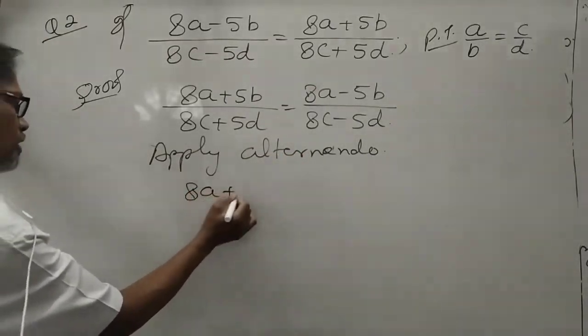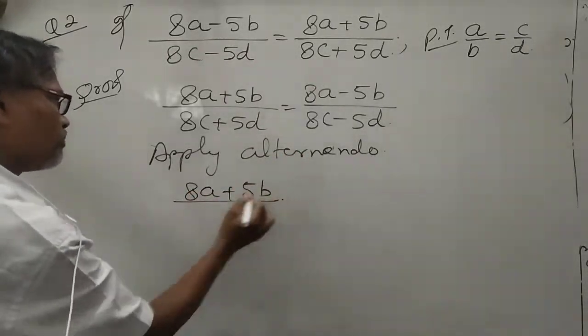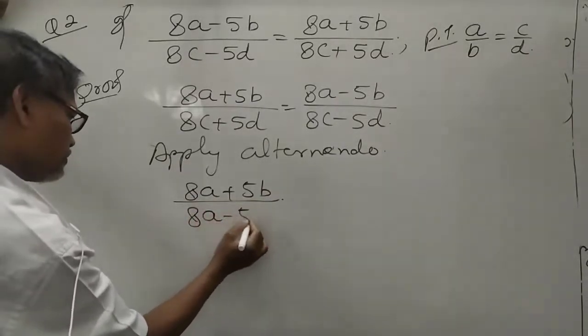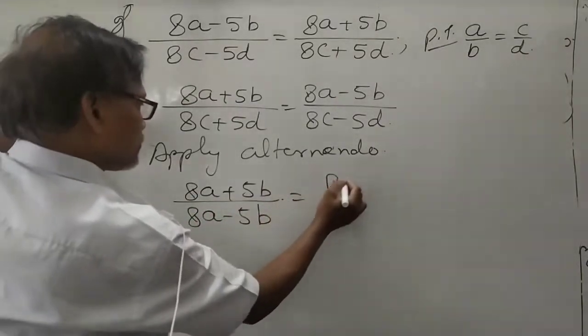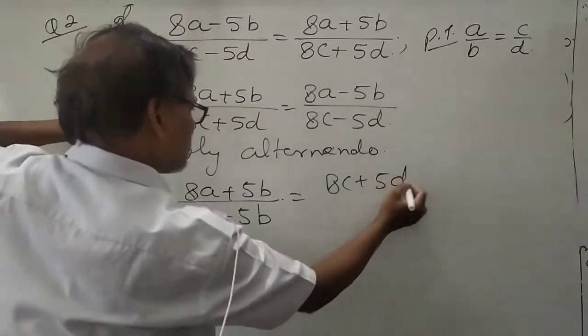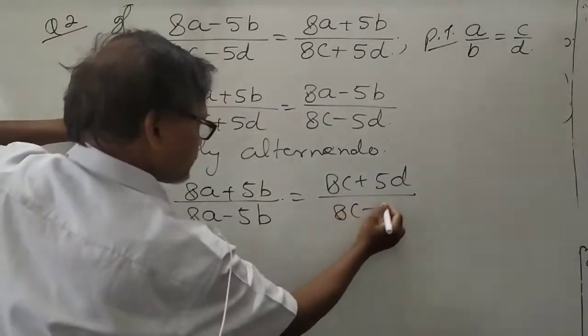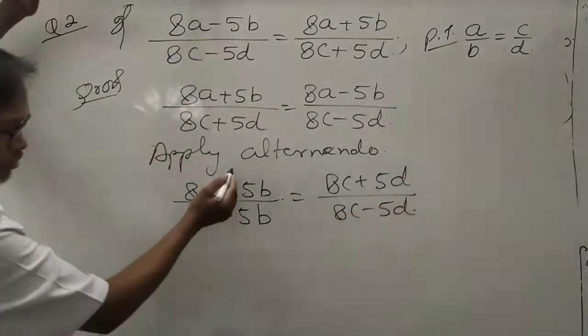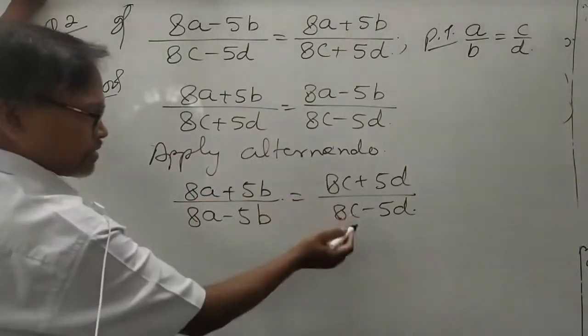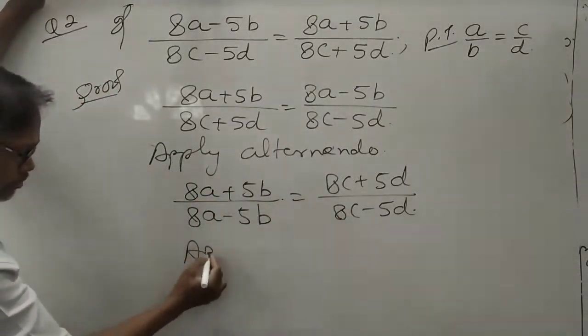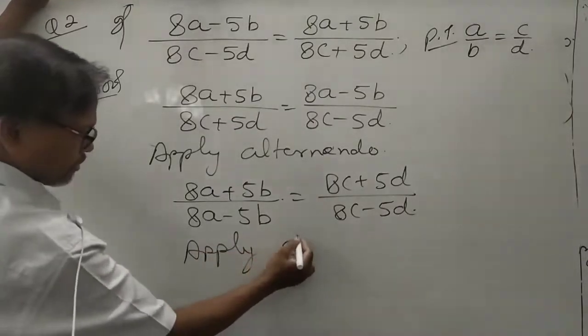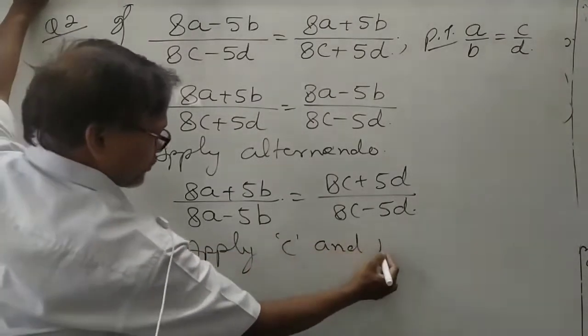So 8a plus 5b, and now you have the same type of terms in numerator and denominator, so you can apply componendo and dividendo.